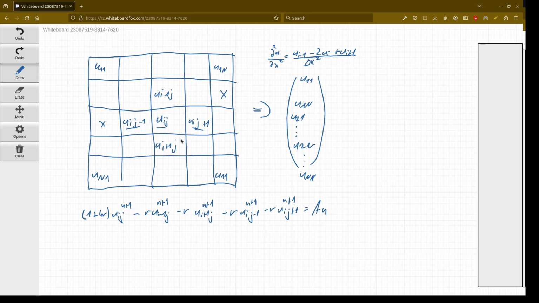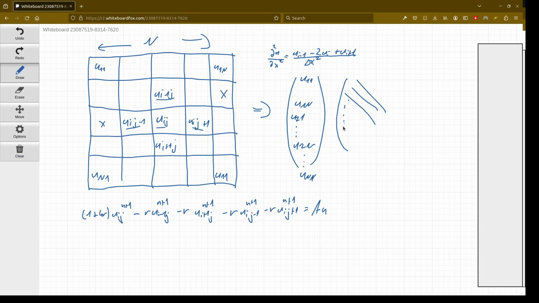For the y derivative, however, if we have n cells in each direction, there are exactly n cells between this cell and this cell. So we are going to have a sparse matrix that is tridiagonal for the x derivative. Then there are going to be many zeros.